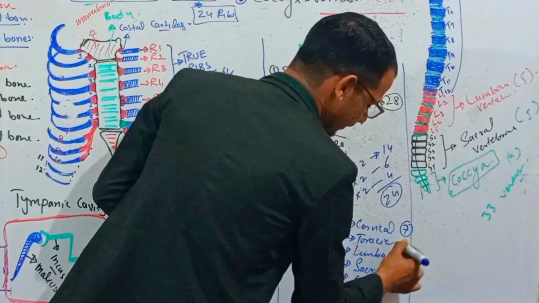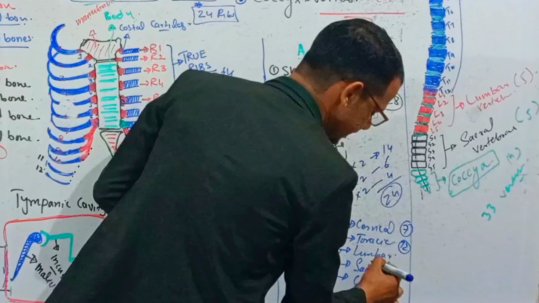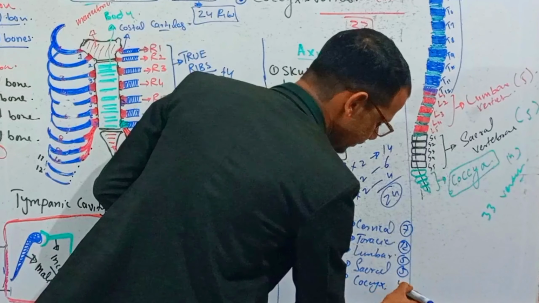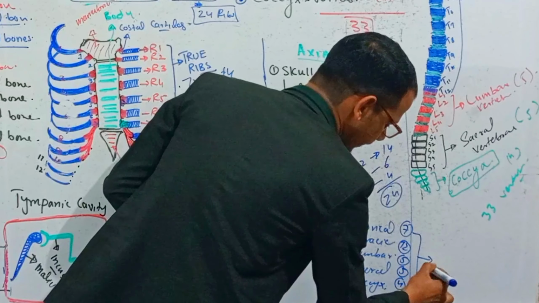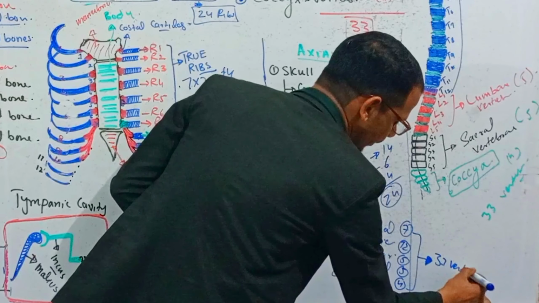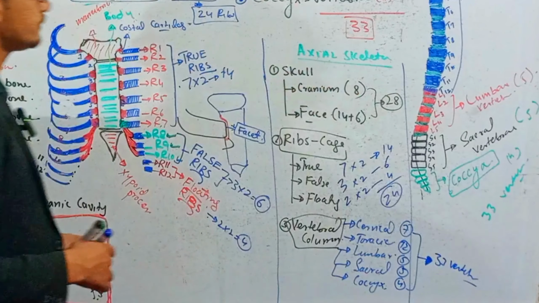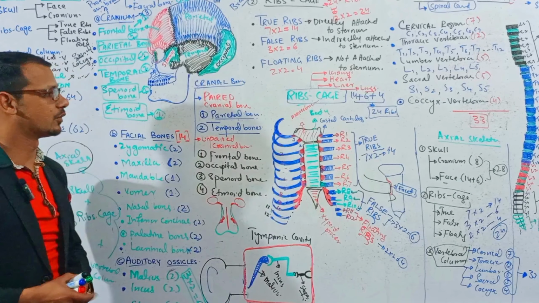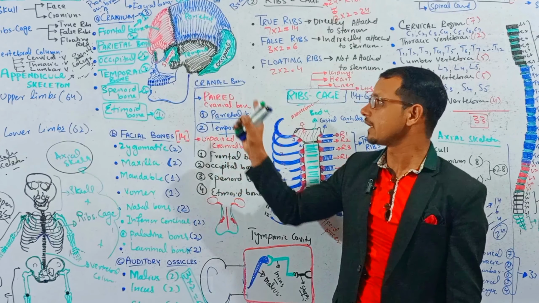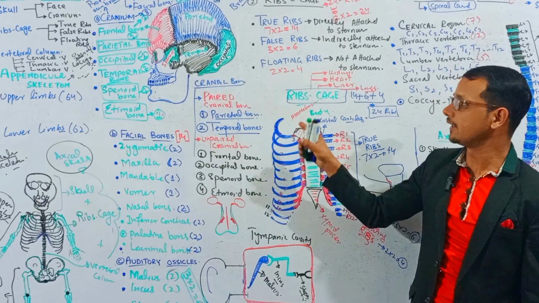Cervical is composed of 7 vertebrae, thoracic 12 vertebrae, lumbar 5 vertebrae, sacral also 5, and coccygeal 4. All these regions make 33 vertebrae in the vertebral column. So all these are the bones in the axial skeleton, right?